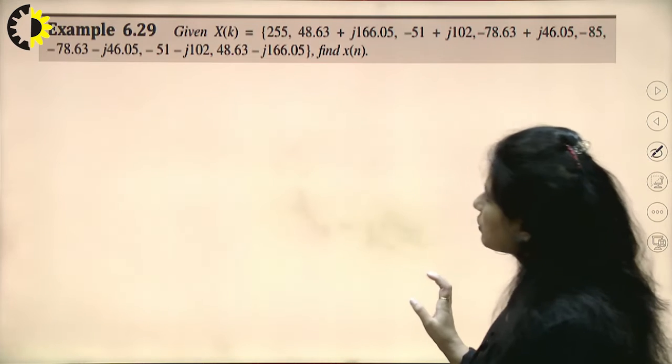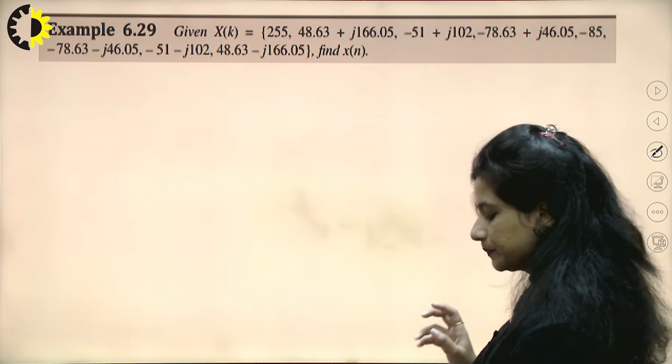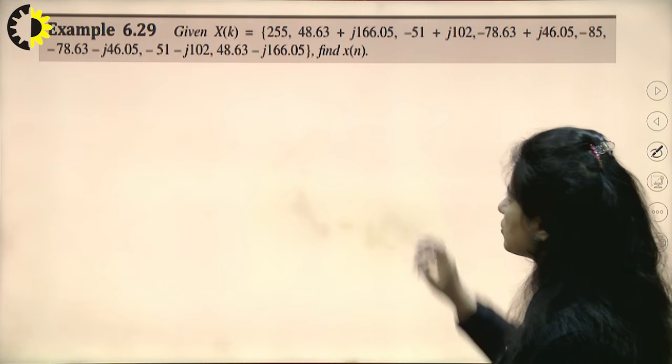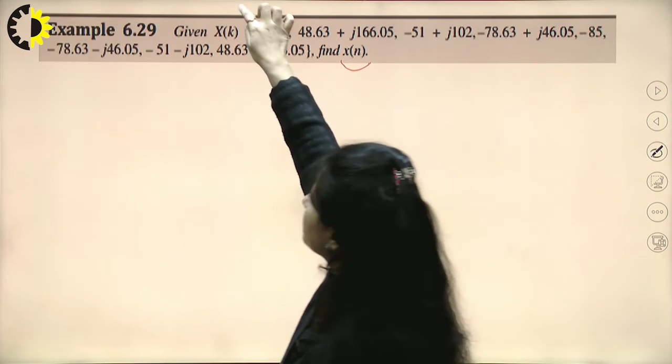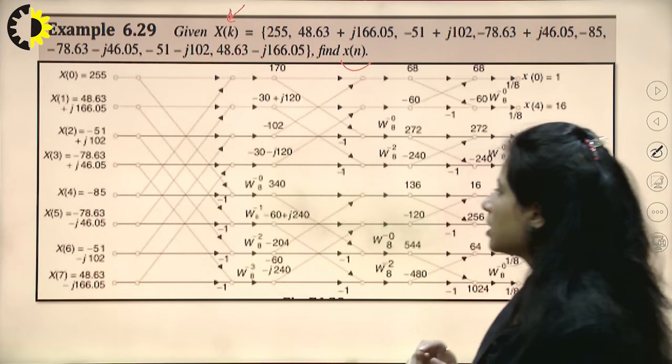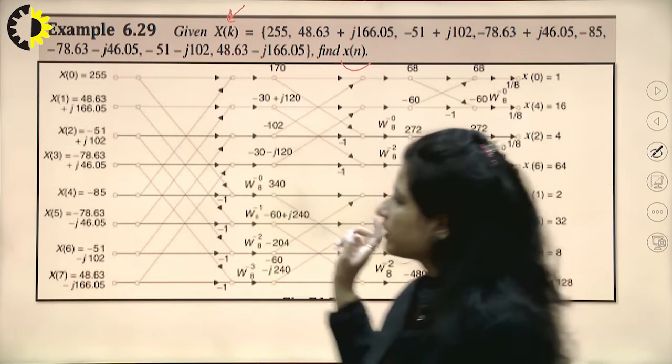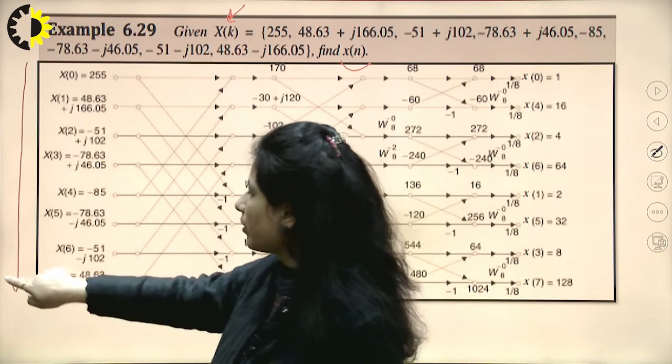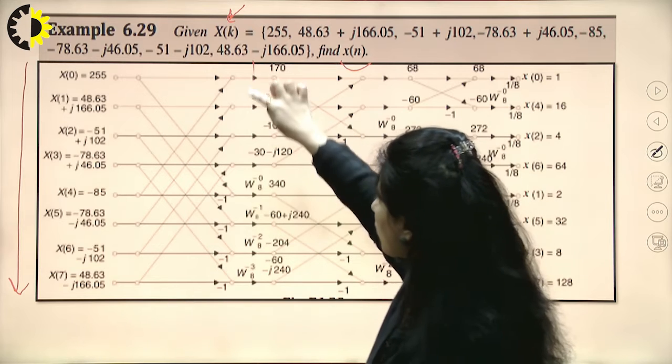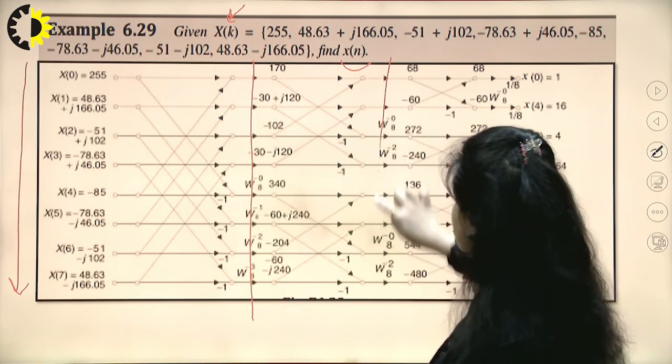The same graph can be solved for the 8-point FFT also. I need to calculate xn and given is Xk. So this is how the graph appears. I am giving all the samples in the ordered way, calculating all the points stage by stage.